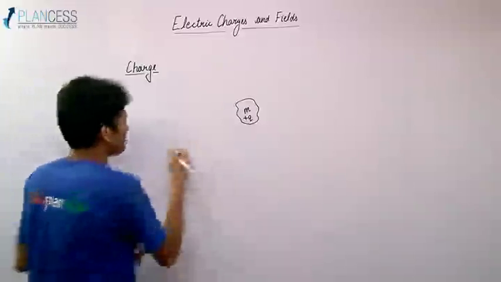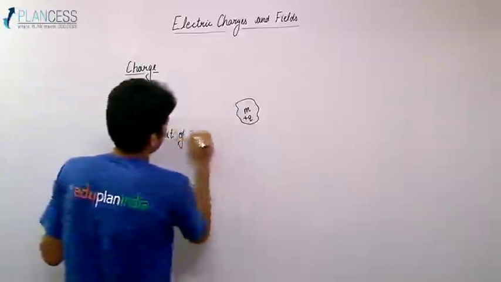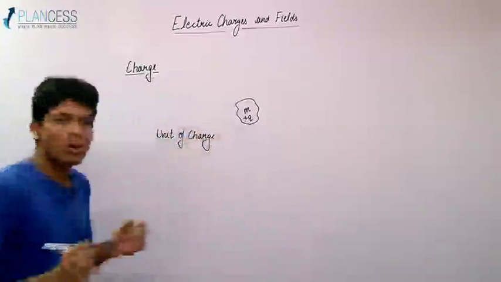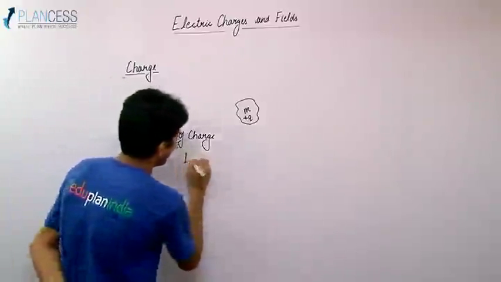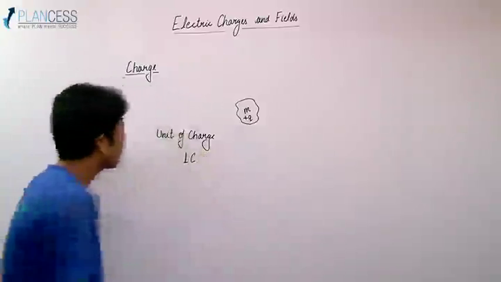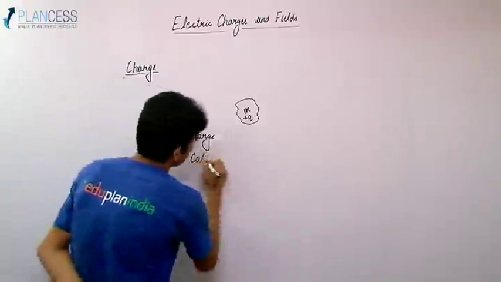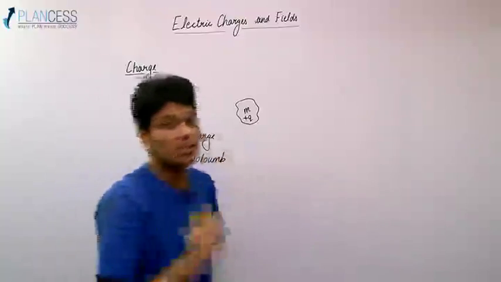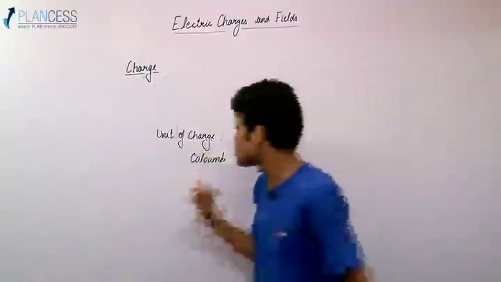Let's study the unit of charge. The most commonly used unit of charge is a coulomb. But the CGS unit of charge is not coulomb.